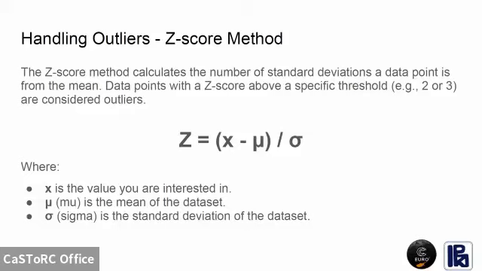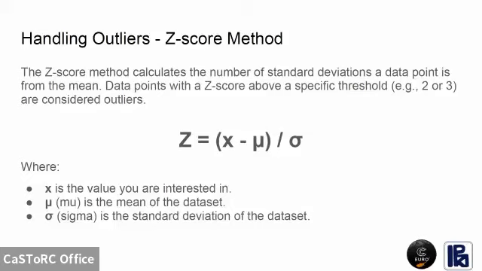For example, this is the formula you are going to use for every data set in order to be able to normalize and detect which values, which entries in your data set, are considered outliers. It's the Z-score for every data point.